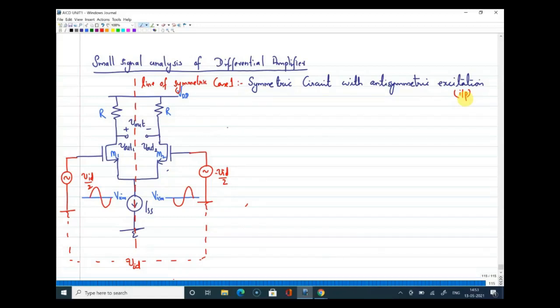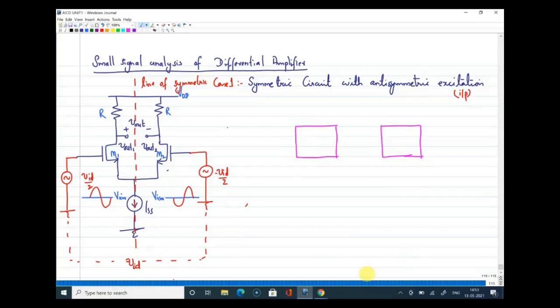We are looking for a linear circuit. So I will represent the entire circuit in the form of two blocks. One block is on this side, and another block is on the other side. Inside there are all the elements of the circuit.